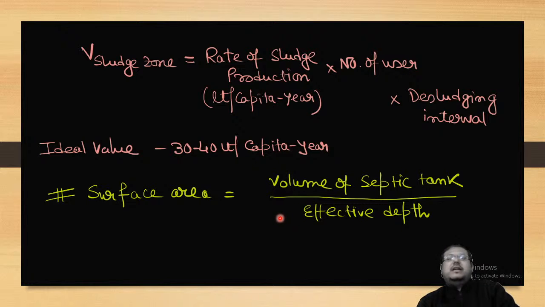As I have told you, the freeboard will not come into any design consideration. That's why the effective depth will come into the design consideration. So volume of septic tank by effective depth will be the surface area.